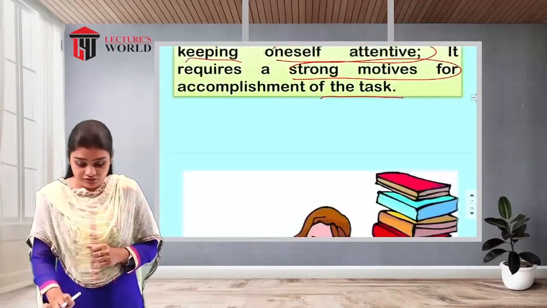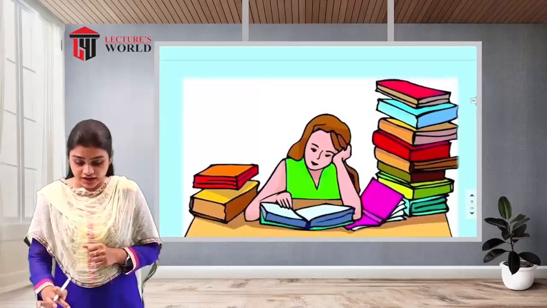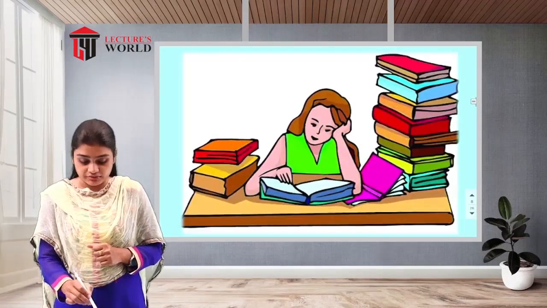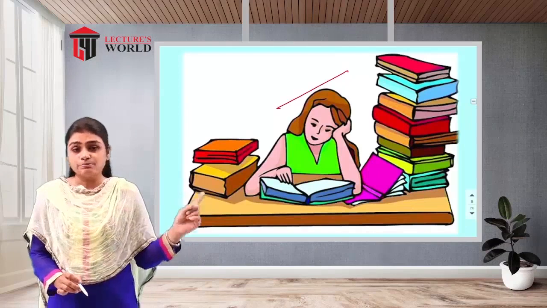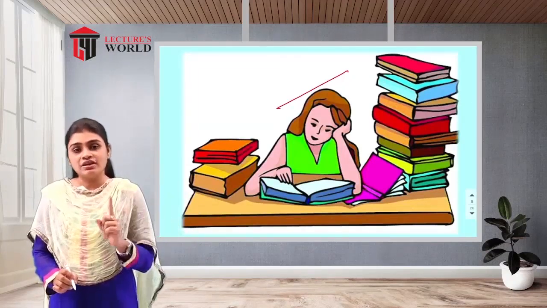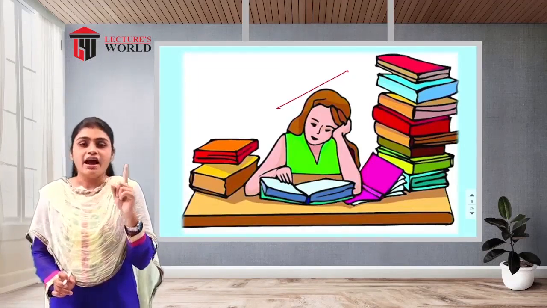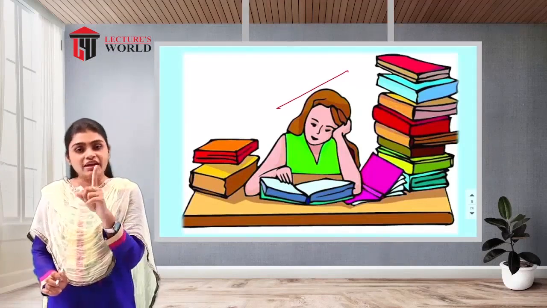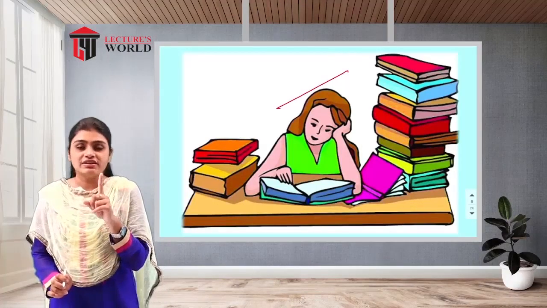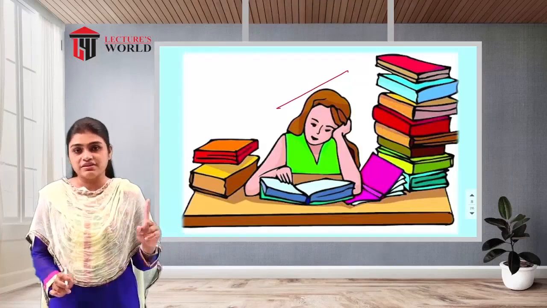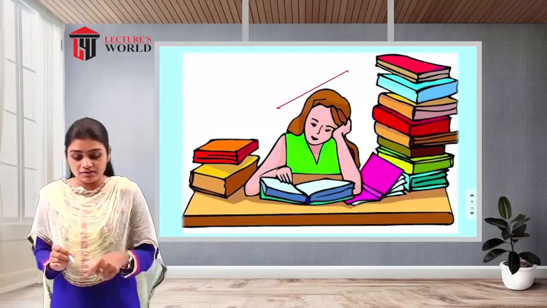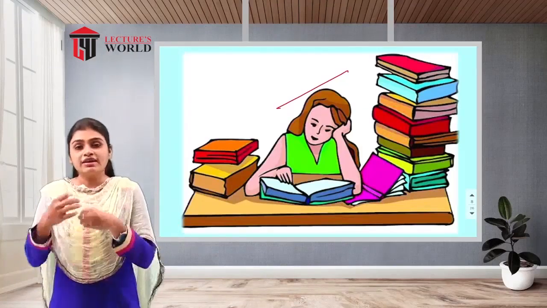The example of explicit volitional attention you can see in this image. In implicit volitional attention, we had only one will, and to fulfill it we did only one act, for example doing the assignment. But here in explicit attention, we do many repeated acts.